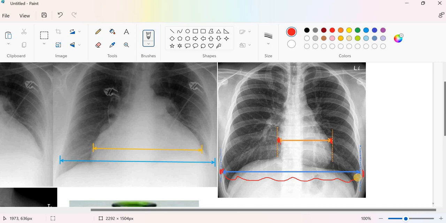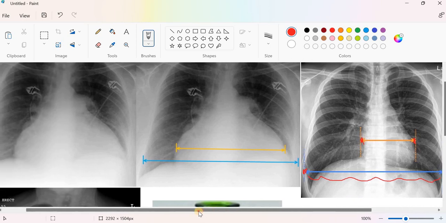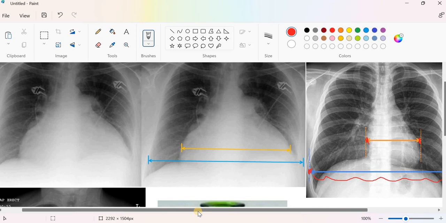It might be 50% or less. When you find it more than 50%, even 55, that means a slight stage of cardiomegaly. In the case that I am showing you here, it is not 53 or 55%, it is exceeding this. It might reach 80%.